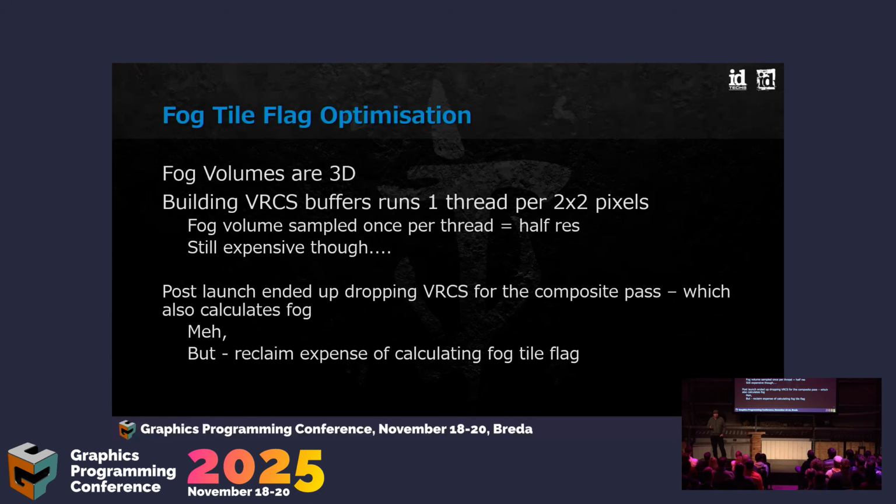Fog volumes are 3D, they're expensive to sample. We were essentially doing this at half resolution because when we're building the VRCS buffers, we were running one thread for every 2x2 pixels. So tasking that one thread with sampling the fog volume meant we were sampling the fog volume at half resolution. But yeah, it was a nice optimization that then got taken out.